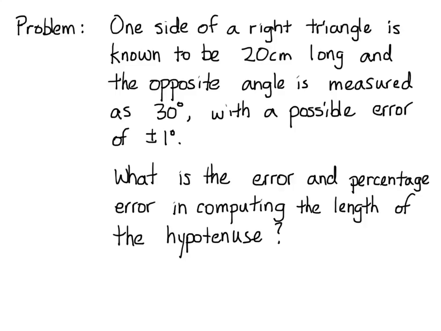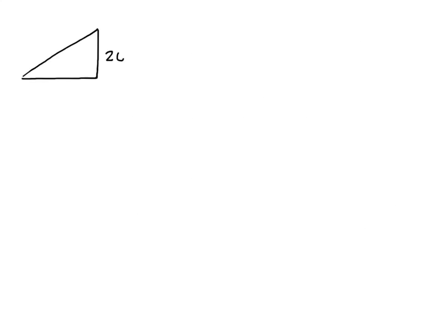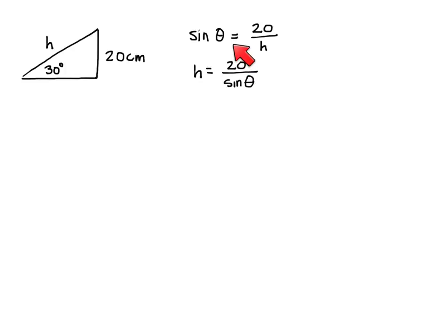Okay? All right, so we're going to be dealing with some mixed cases here, and it's important to keep them straight. So what is the error and percentage error in computing the length of the hypotenuse? We have this triangle 20 centimeters high, and the opposite angle is 30 degrees with possible error of one degree. All right, so how do we do this? First, draw a diagram and write our relationship. So we know that the sine of theta is going to be 20 over the hypotenuse. Now we're interested in the hypotenuse, so we're going to transform this into h equals 20 over the sine of theta. So really we're looking for dh, the differential of h.